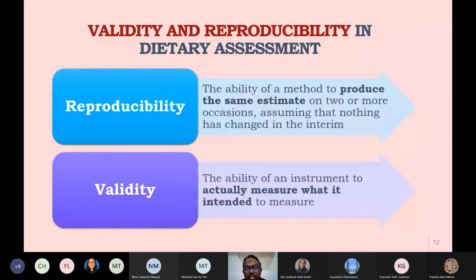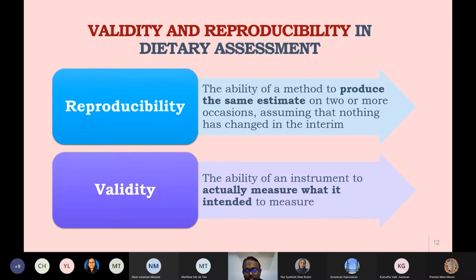The second part of this lecture is on validity and reproducibility in dietary assessment. If you have not heard about this term, reproducibility means the ability of a method to produce the same estimate on 2 or more occasions, assuming that nothing has changed in the interim. So reproducibility means that we reproduce the same estimate.